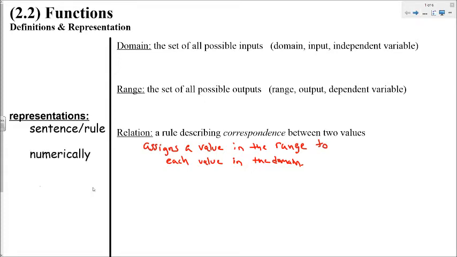We could represent a relation numerically by a table of values or a set of points. We could represent it by an equation telling me how the output value is calculated for each given input value. Or we could represent it by a graph describing how the dependent variable reacts to values of the independent variable.